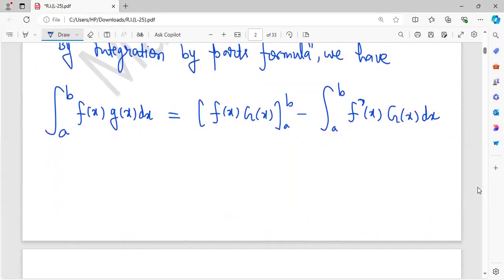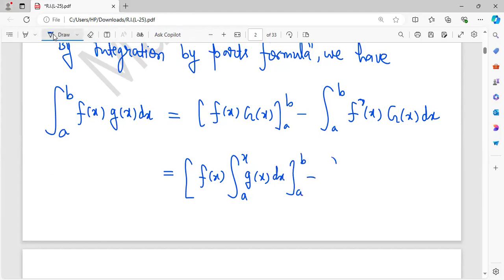Now put the value of G(x) here. What is this? The integral from a to x of g(x), limits a to b, minus the integral from a to b of f dash x, and what is G(x)?